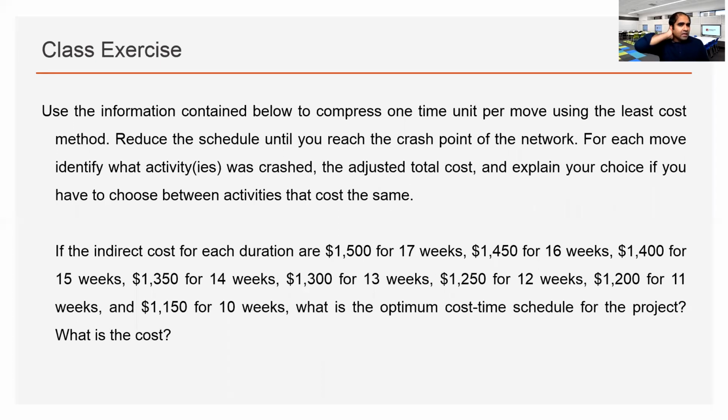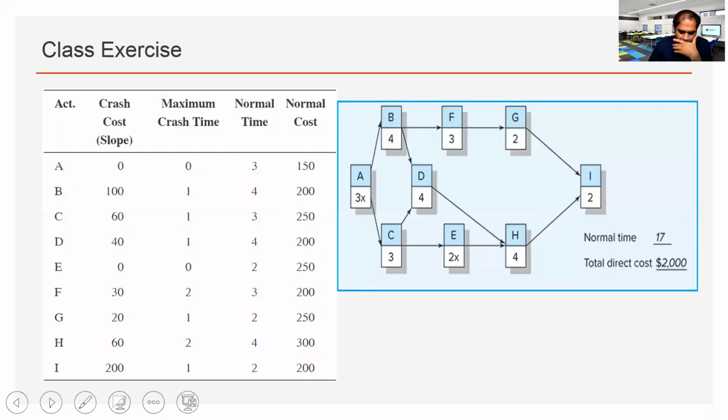We have the indirect cost given, so that's $50 per week. What is the optimum cost schedule for the project? What is the total cost? We have the normal duration 7 days and total direct cost 2,000.